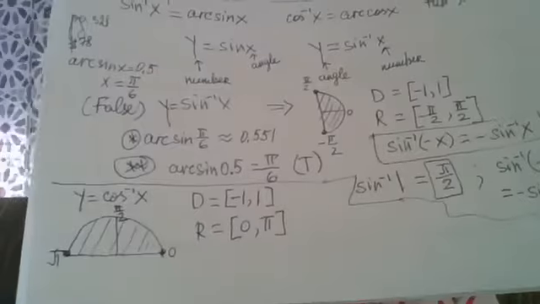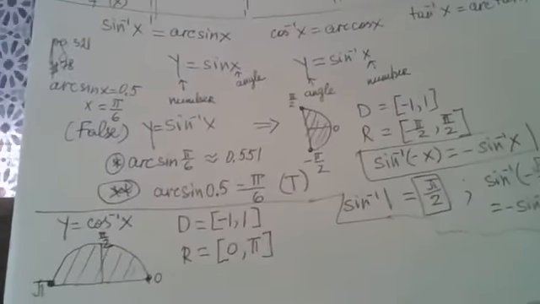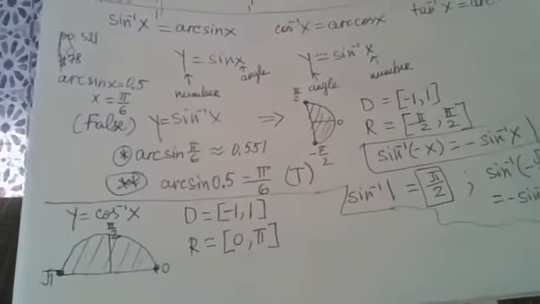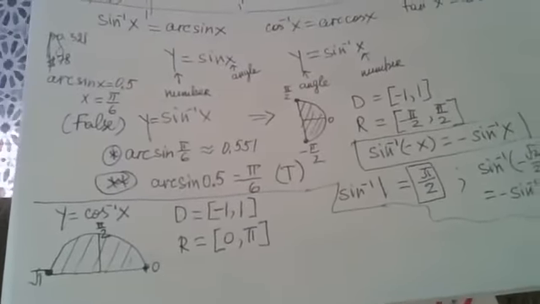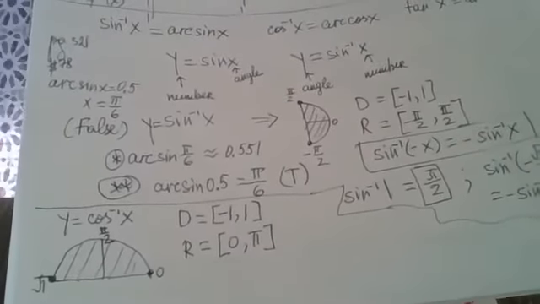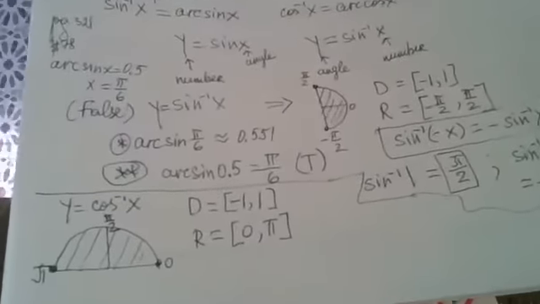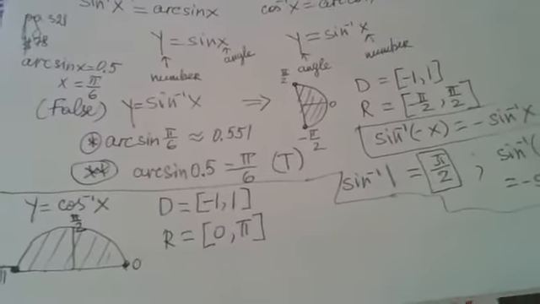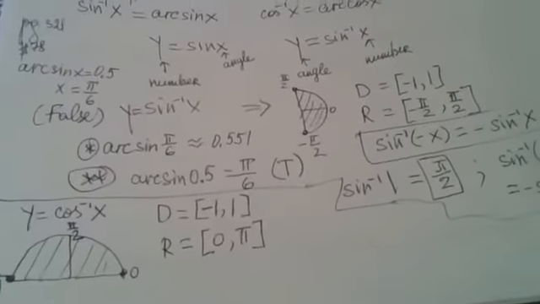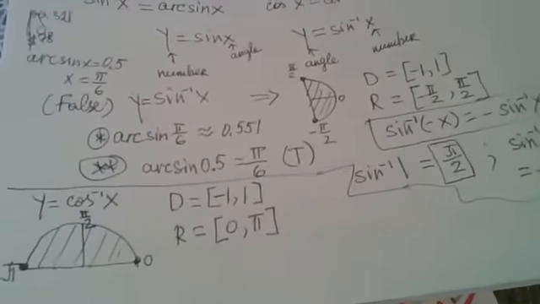If x in this function is a positive number, then this angle will be from the first quadrant. If x is a negative number, then your angle y will be from the second quadrant. I'm going to write right now the formula for arc cosine of -x.